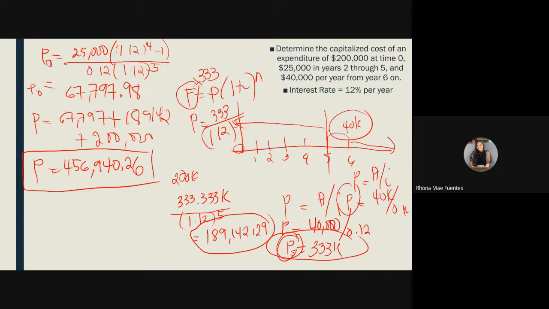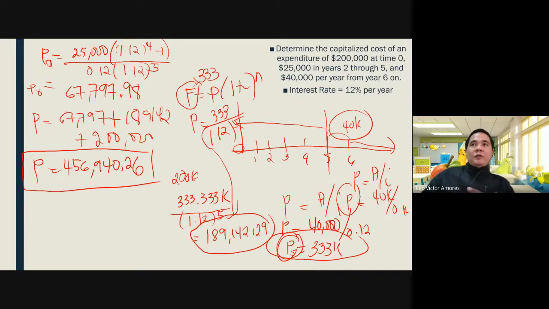The 5 is because it is brought back to year 0, the number of years, 5 years.